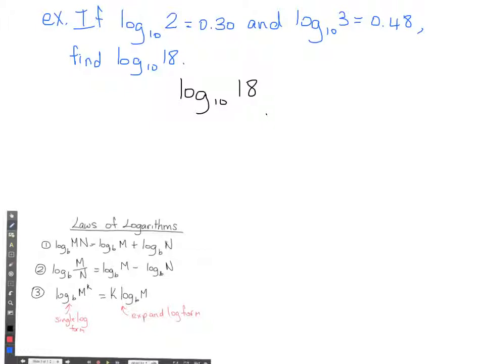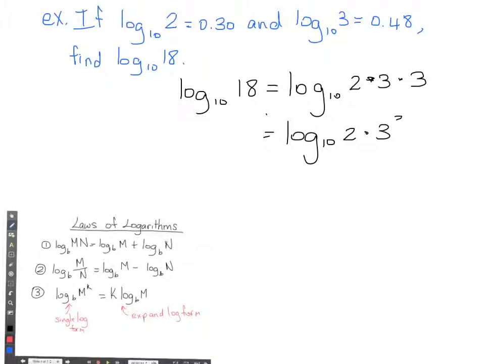All right, so log to the base 10 of 18. Well, I can break that 18 down into 2s and 3s. Let's say in this way, 2 times 3 times 3 would give us 18. Or perhaps 2 times 3 squared, same thing.